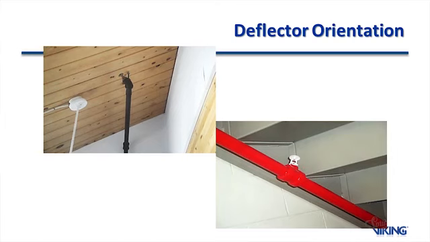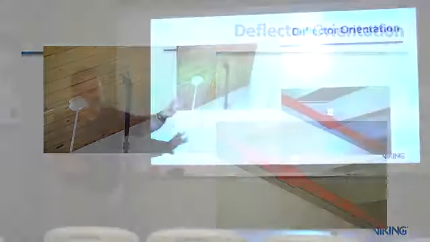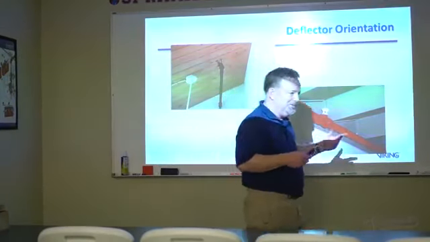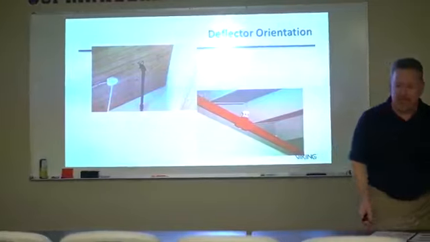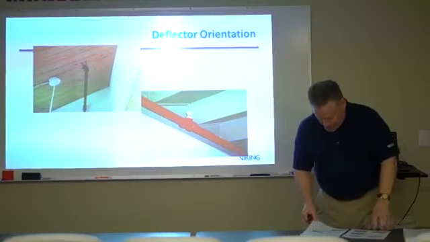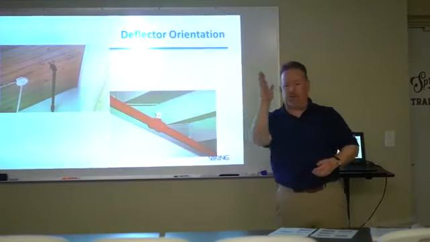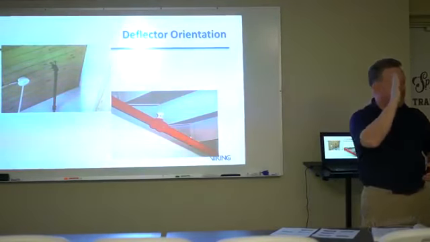Now, deflector orientation becomes a bit of an issue as well. We got to remember that, as we talked about earlier, there's upright, pendant, and sidewall sprinklers. When you have these, you don't always have a horizontal roof. Sometimes you have a pitched ceiling line, right? So with that pitched ceiling line, we don't install the sprinklers straight up and down.